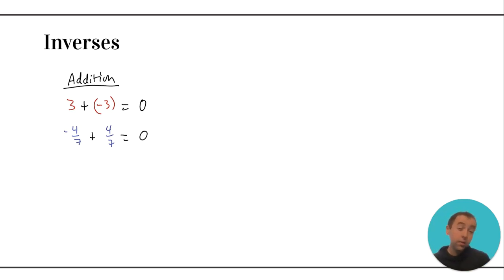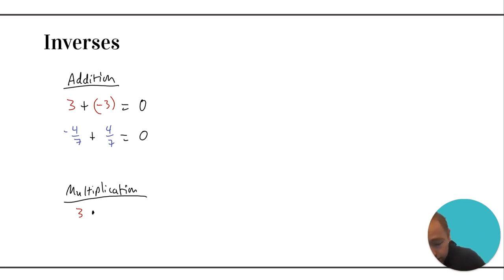If we were to choose a different operation, per se multiplication, and again we want to choose the number 3 to try to cancel out, we would no longer choose -3 like we did before, because the product of 3 and -3 would be -9. So what we actually desire in terms of canceling with multiplication is also not an answer of 0. We actually want the answer to be 1, which is what we call the multiplicative identity element.